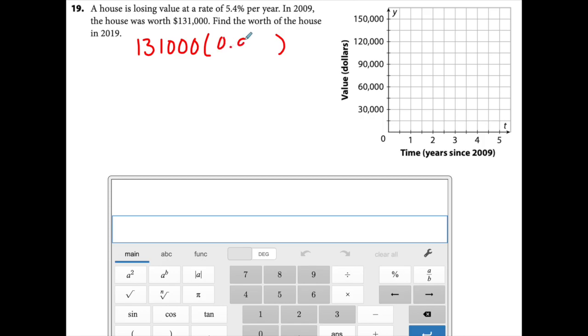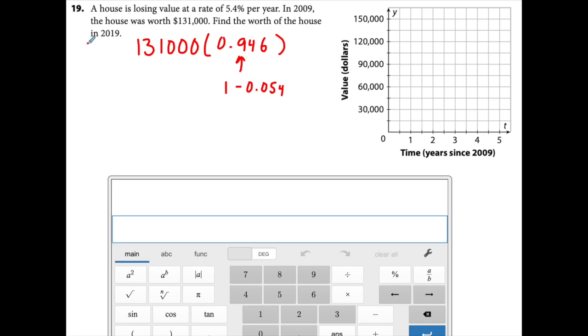The answer is 94.6%, right? If you take 100% and you take 5.4% away, what remains is 94.6%. And that happens to be 1 minus 0.054. Okay? You can check it for yourself.